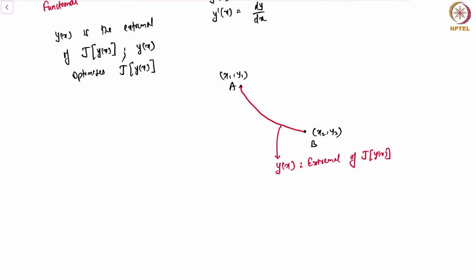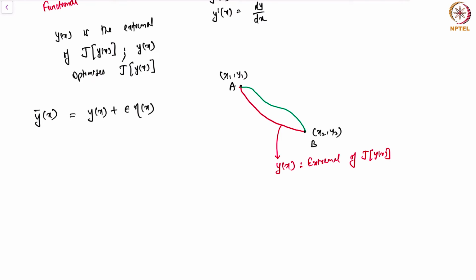Now, how do we go about doing it? What we will do to look for this function y of x is first say that let there be a function, we'll call it y bar of x, which is nothing but y of x plus some deviation from y of x. This epsilon eta of x tells us the distance.